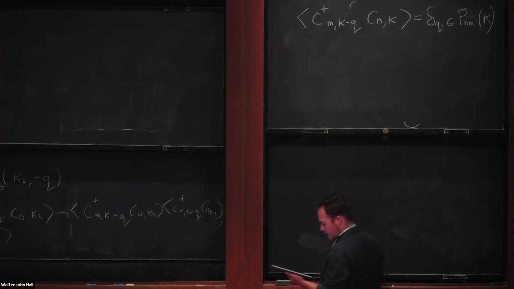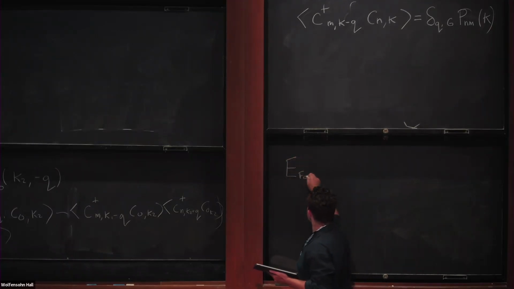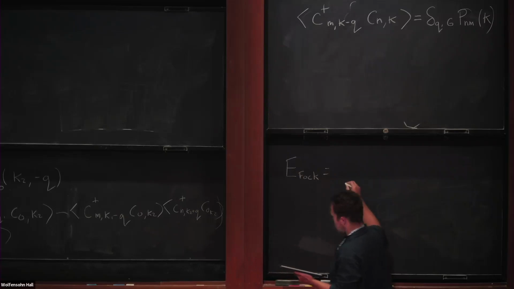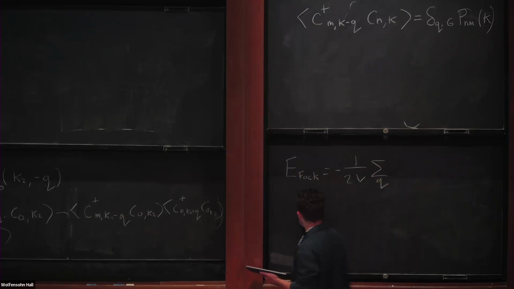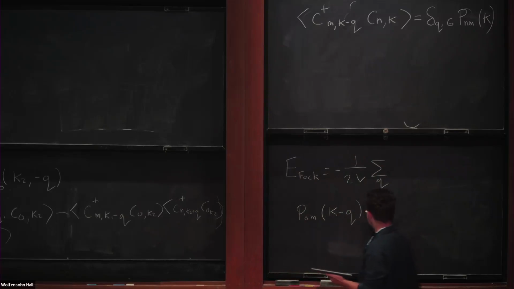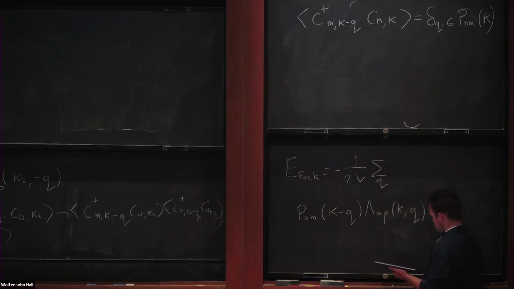So the result we then get for the Fock type term, I'll write it as E Fock, is -1 over 2V, sum over Q. And then I'll write it out here, P0M, times finally a lambda.